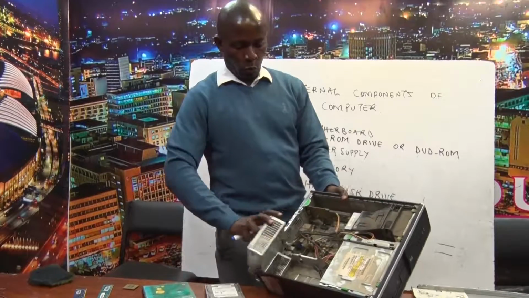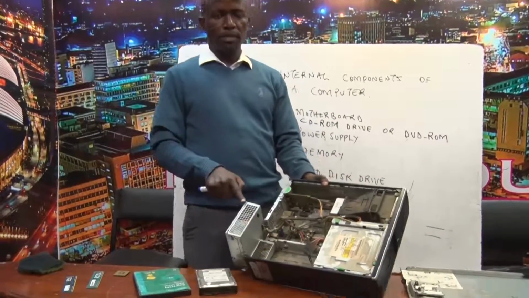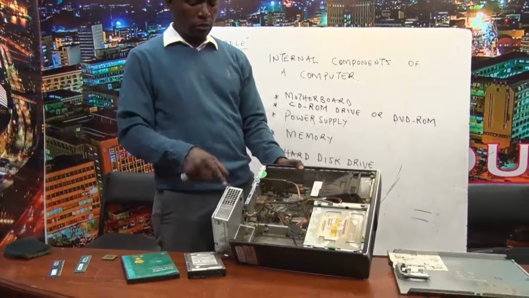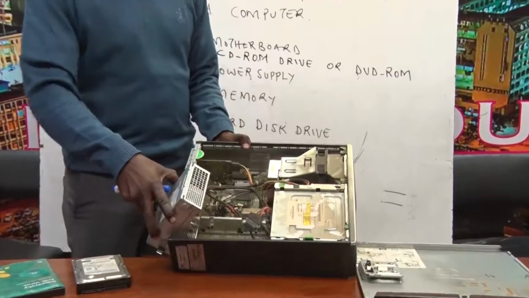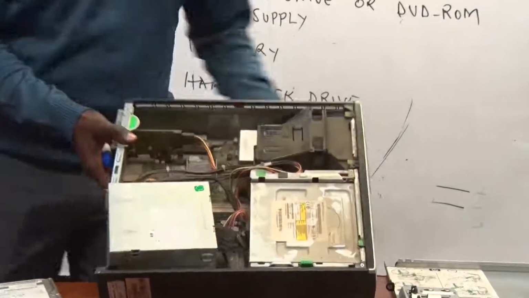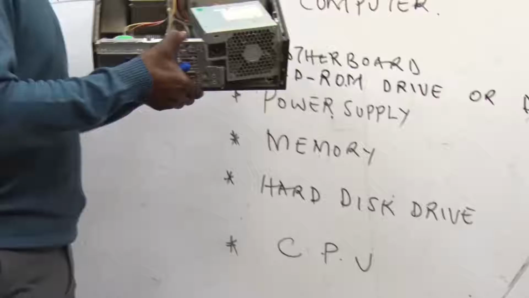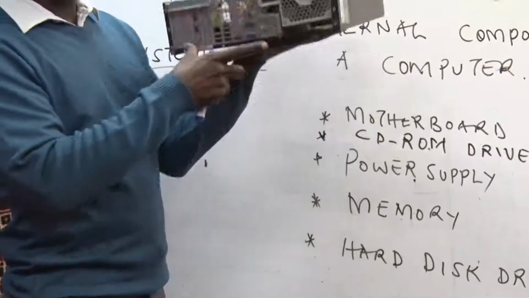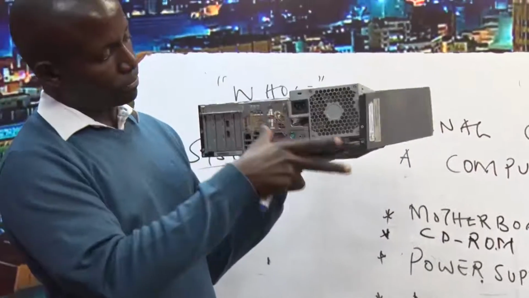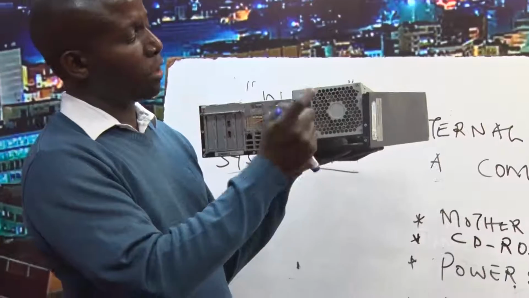We have just mentioned the power supply. Here it is. The power supply is this. So if you check at the back pane of your machine, like I did mention, you'll always find this particular component.